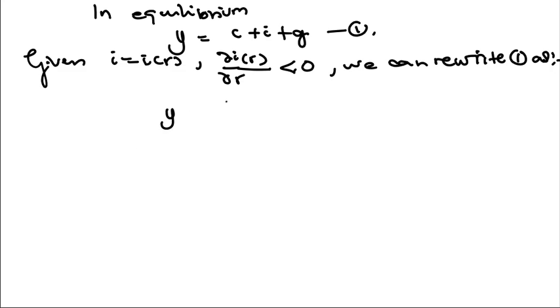So we have Y equals C(Y minus tau) plus I(r) plus G.